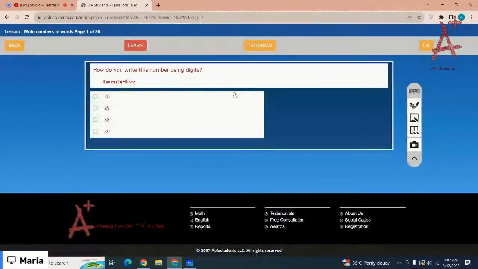How do you write this number using digits? 25. How do you write it in the digit form? Which is the correct option? If you already know the answers, you can please write the answer in the chat box. How do you write 25?